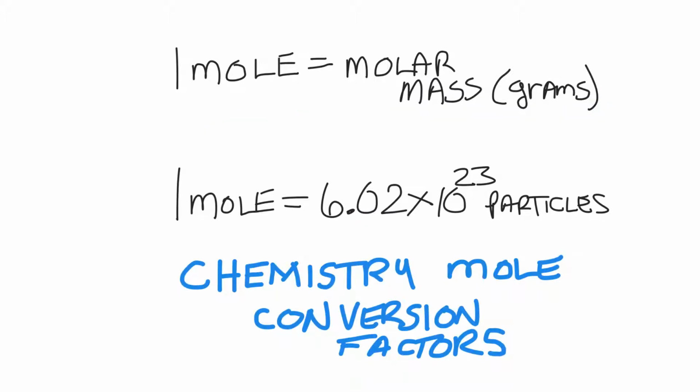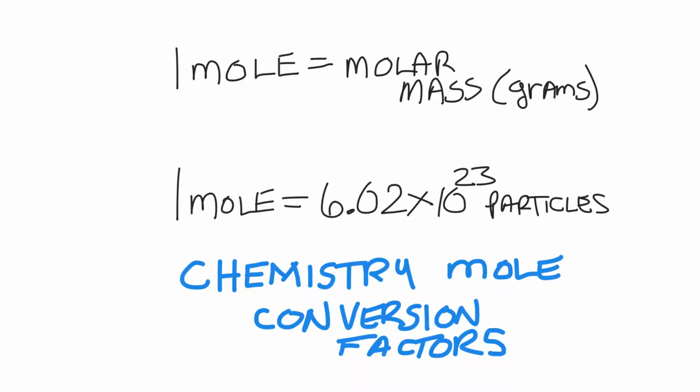So for mole particle and mole gram conversions, we need to have conversion factors for each one. So for the mole gram conversion, 1 mole is equal to a material's molar mass. So if I weigh out the molar mass in grams of a material, I get 1 mole of it. Also, if I weigh out 6.02 times 10 to the 23rd particles of that material, I get 1 mole of it.